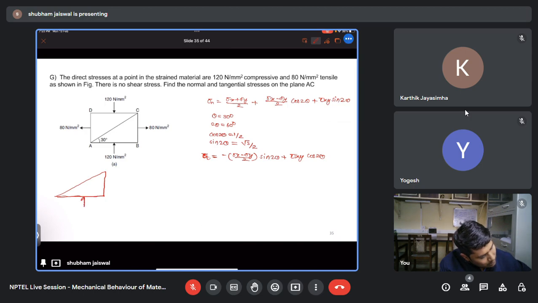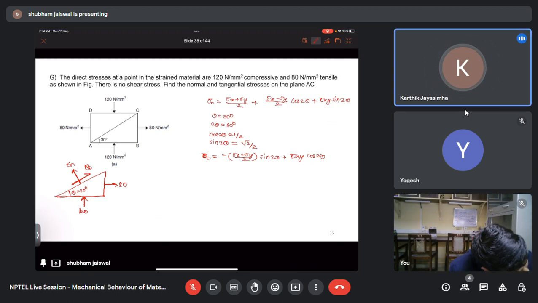This is 120, this is 80, theta equal to 30 degrees. So this one will be my normal stress sigma n and this will be my tangential stress sigma t. Is it not? Yes, sir. Tell me the answer.